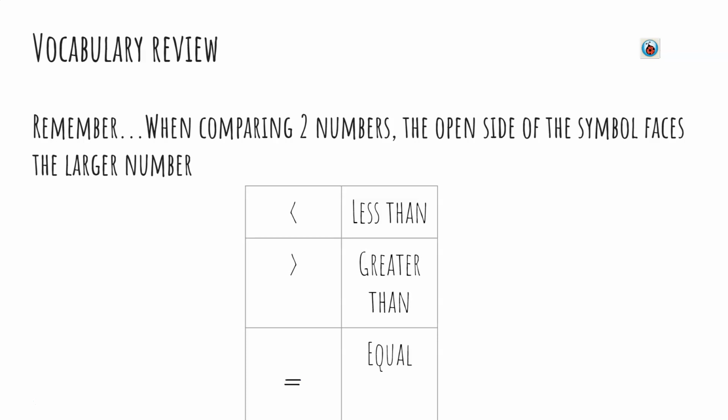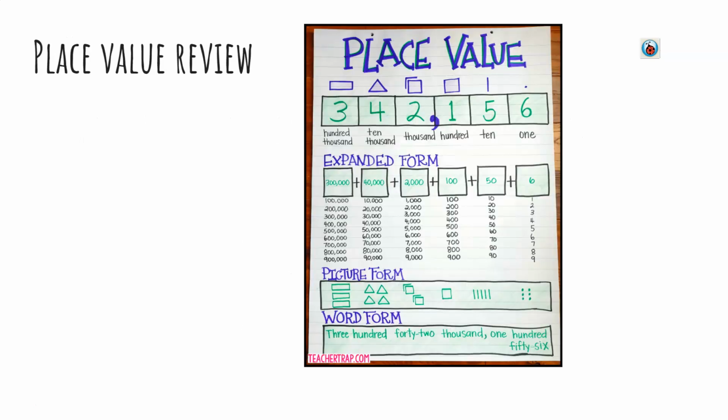And that's always helped me remember that it's kind of a bent L. If you bend it a little bit, it's facing the same way as an L for less than. The greater than sign is open to the left, and then we have the equal sign. But the thing you have to remember is that the open side of the less than and the greater than symbol faces the larger number, okay? So the side that it's open and pointed to is the larger number.